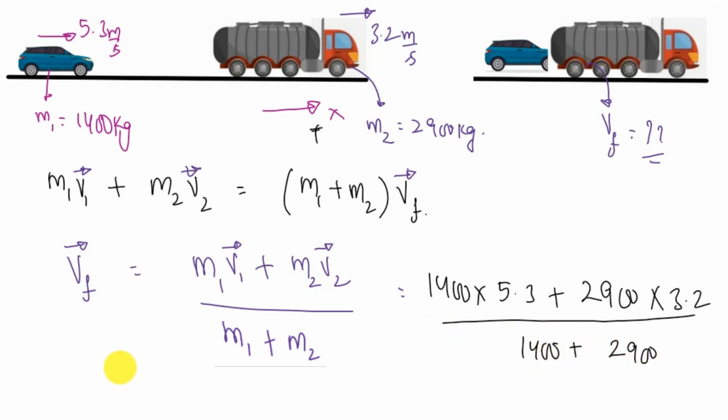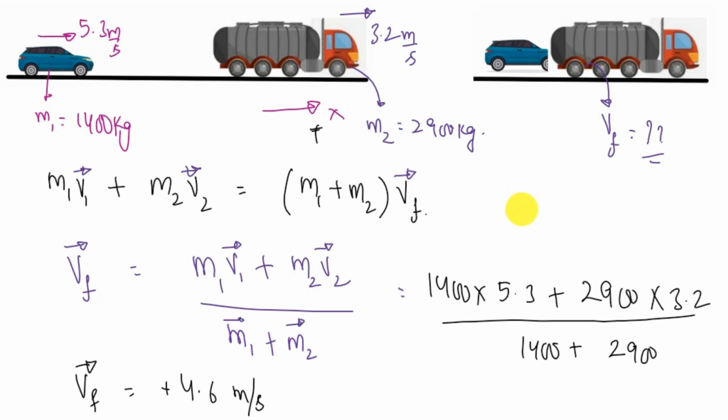And after solving you'll get the final velocity equal to 4.6 meter per second. That means this velocity comes out to be positive. That means after collision the truck and the car would be moving along the positive x direction. So from here we can see that the momentum was conserved but the kinetic energy was not conserved, because it is a case of inelastic collision.